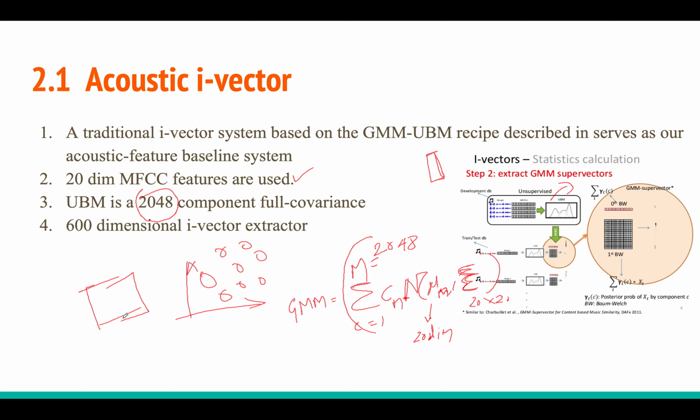But here they are using the full covariance just to cover all the points, and since the data is also large, you need that. The iVector dimension you get after the total variability matrix is 600 dimensions, as you can see here, right? So that is the idea of the acoustic iVector.